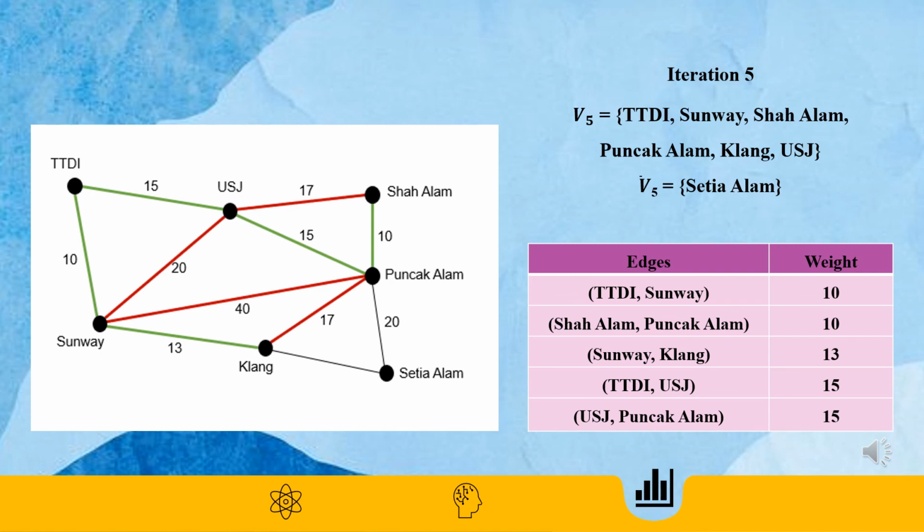Many other arcs are highlighted in red now, which is USJ Shah Alam, because it would form a cycle in USJ Shah Alam and Puncak Alam. Besides, Sunway Puncak Alam, because it formed a cycle in Sunway Puncak Alam USJ and TTDI. And lastly, Klang Puncak Alam, since it formed a cycle from Klang Puncak Alam USJ TTDI and Sunway.